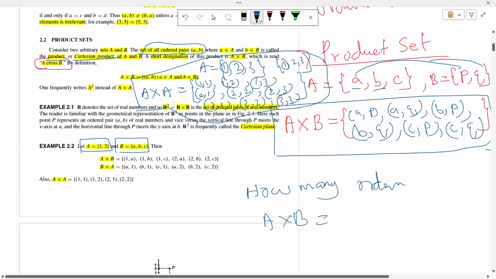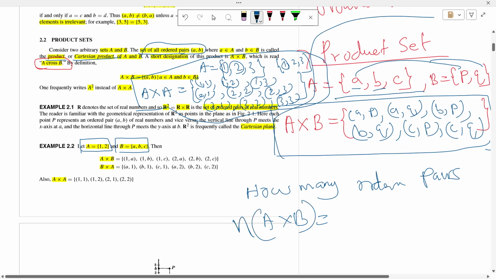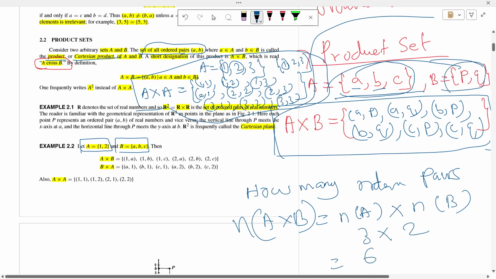The number of ordered pairs is the number of elements in A multiplied by the number of elements in B. For the earlier example, 3 elements in A, 3 into 2 elements in B, altogether 6 ordered pairs: 1, 2, 3, 4, 5, 6.